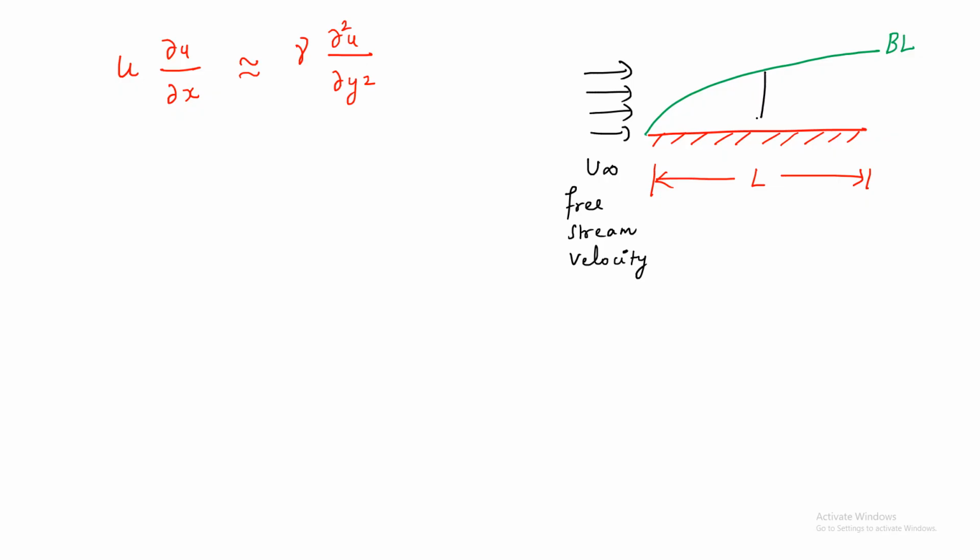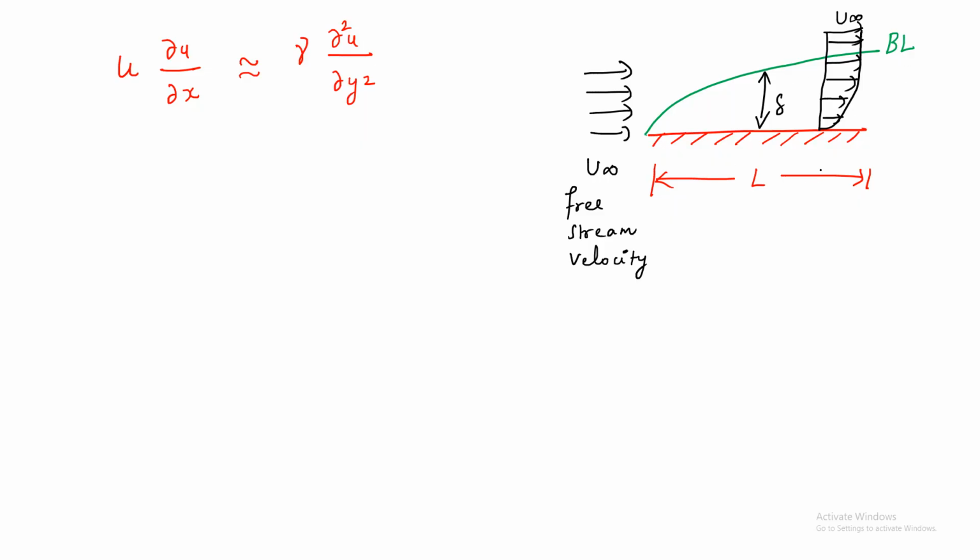So this is the thickness of the boundary layer, and we have the velocity profile forming like this. Okay, it goes from 0 at the wall till u infinity at the edge of the boundary layer, right? So this is what we will have.